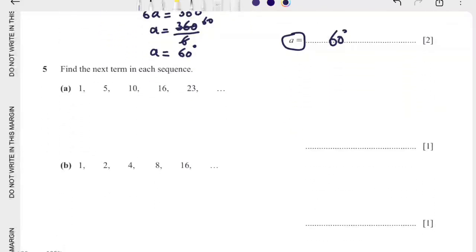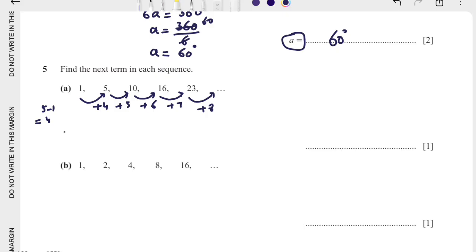Next question. Find the next term in the sequence. For this purpose we have to see the difference of the second value and the first value, that is 5 minus 1, 4. Then plus 4 and then plus 5, then plus 6, then plus 7, then plus 8.